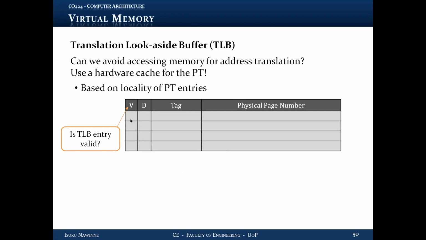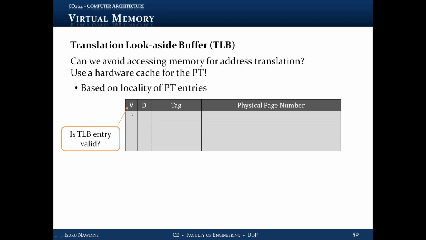So here, the valid bit says whether the TLB entry is valid, right? This valid bit is different from the valid bit in the actual page table. The valid bit in the actual page table says, is the page in the memory? Is the page active? The valid bit in the TLB says, is the TLB entry valid, right? Note that multiple page table entries can come and reside in the same TLB entry.